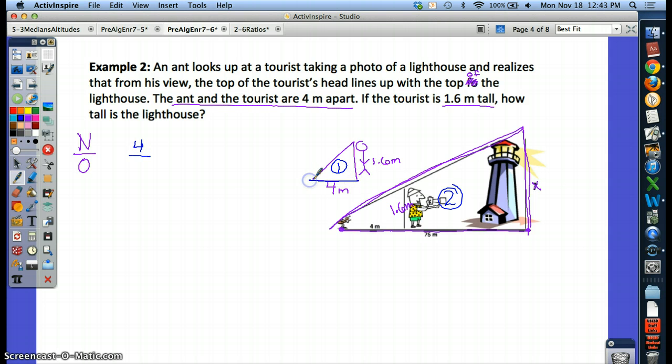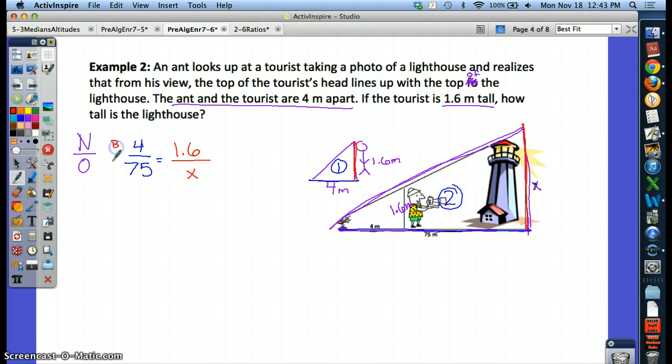This is like the base, so this would be like the base. So 4 over 75 is equal to, now I'm going to go, again, back to my first image. I have my height, and I'm going to write that over my other height. So 1.6 over x.